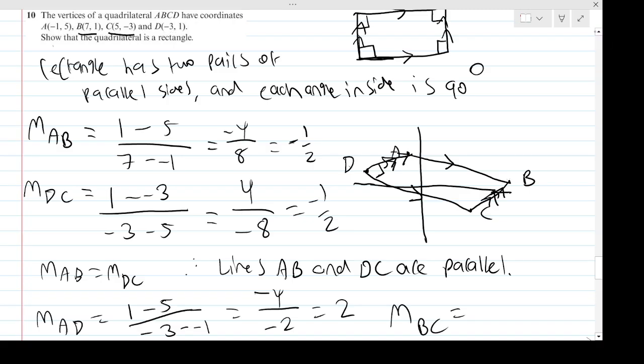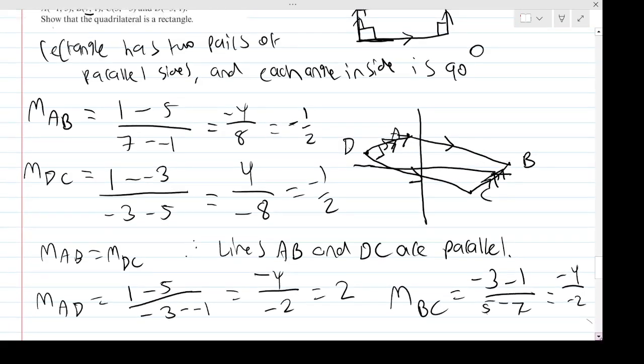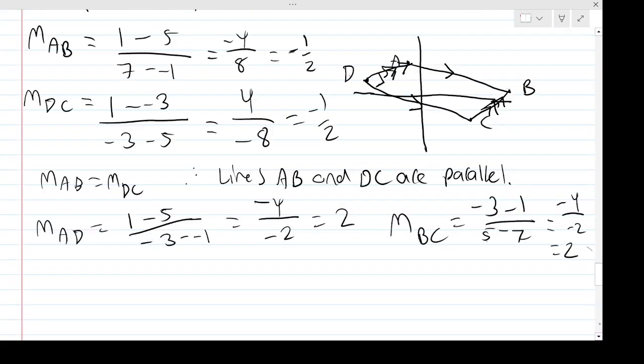So changing y, so minus 3, take away 1, the y coordinate at B. Then I do change in x, so I do positive 5, take away 7. Then minus 3 minus 1 would be minus 4, and then 5 minus 7 is minus 2, and that would get me again positive 2.